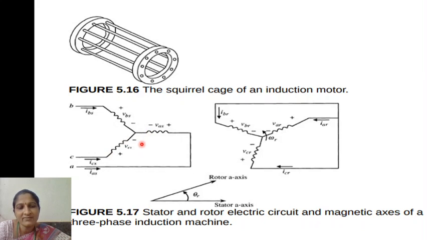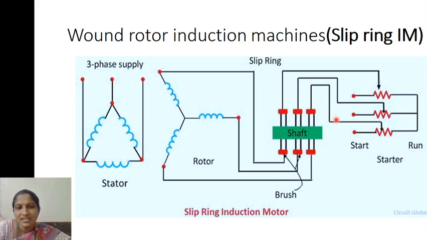All these three are separated by 120 degrees, and this is the rotor. The rotor bars are completely short circuited here. That means you cannot add any extra resistance to the rotor circuit in the case of squirrel cage induction machines. Whereas in the case of slip ring induction machines, you can add extra resistance by using the slip rings.